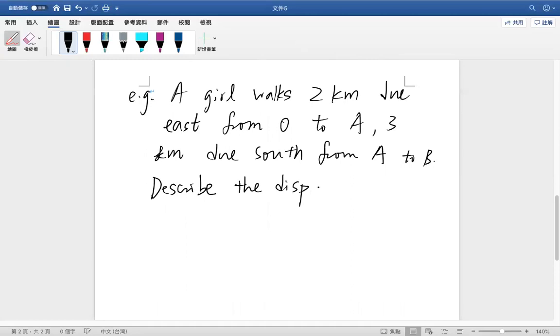To describe displacement again, we need to describe two things, namely the distance between the 2 points and also the direction.